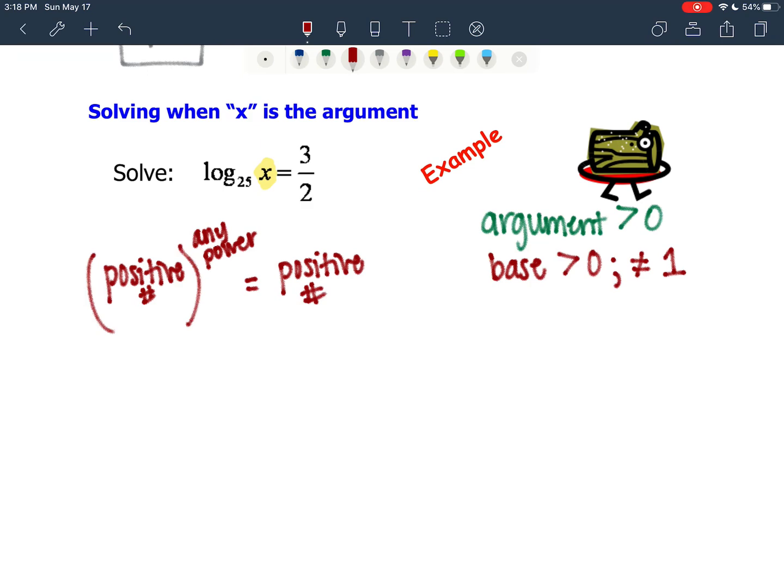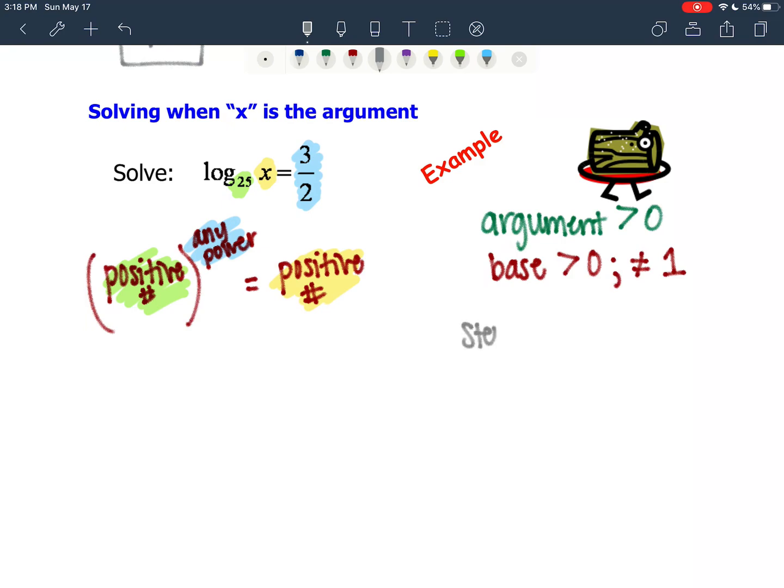No doubt about it. That's exactly what's going to happen. So we're going to take this positive base, that's this right here, raised to any power, whether it's positive or negative, any power is going to result in a positive number. So hopefully you can see that from the color coding that I am trying to use here.